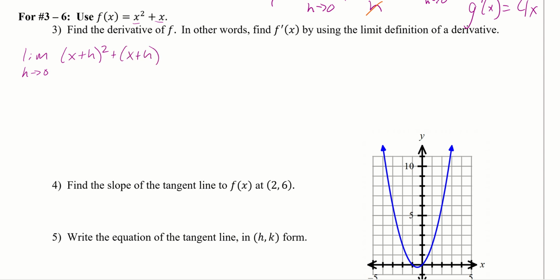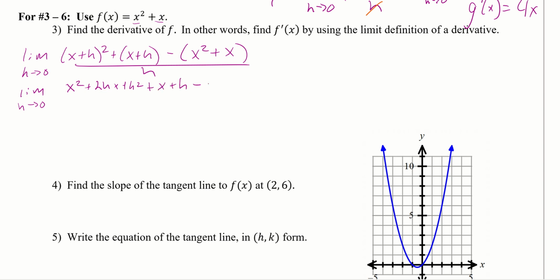Now the second part of the equation, I'm going to subtract the function itself. And then all of that is over h. Cool. So limit as h approaches 0. Let's FOIL this guy out. So we've got x squared plus 2hx plus h squared. Now we don't really have to do anything with these guys, and then distribute the negative into the last ones.